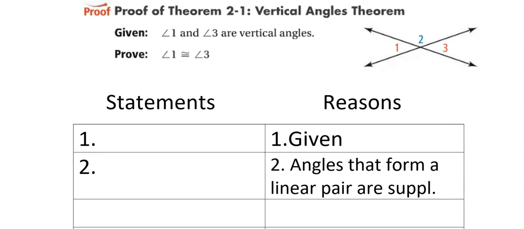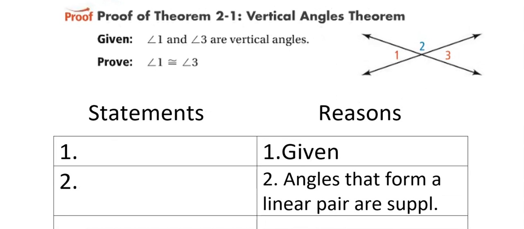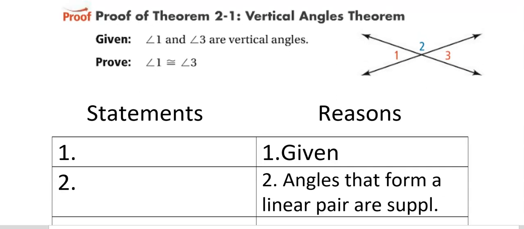I'll make it just a little bit bigger. Again, you may not have to do this one, but the things that we do in it are things you're going to need to do in other theorems and proofs as well. So we are given that angle 1 and angle 3 are vertical angles.